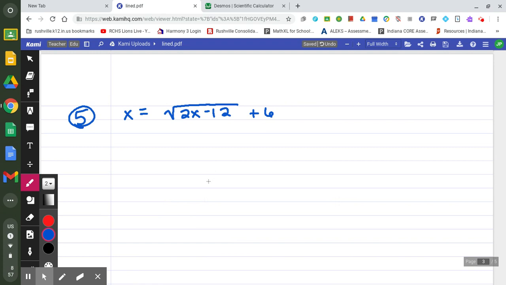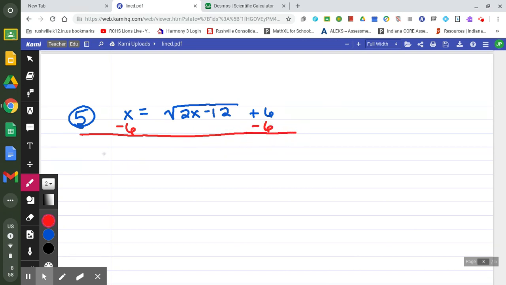Okay, number 5 looks a little different. X equals square root 2x minus 12, and then the plus 6 is not inside the radical. So we do have to isolate this radical. So I'm going to subtract 6 on both sides of my equal sign.